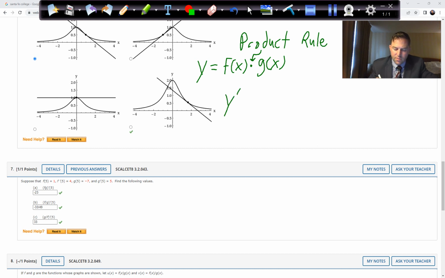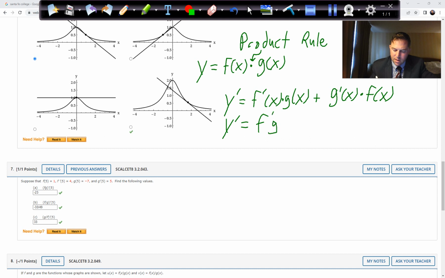The derivative is just f prime of x times g of x plus g prime of x times f of x. And just like quotient rule, we're going to abbreviate that with f'g plus g'f. So it's very similar to quotient rule. Okay, so that's product rule.